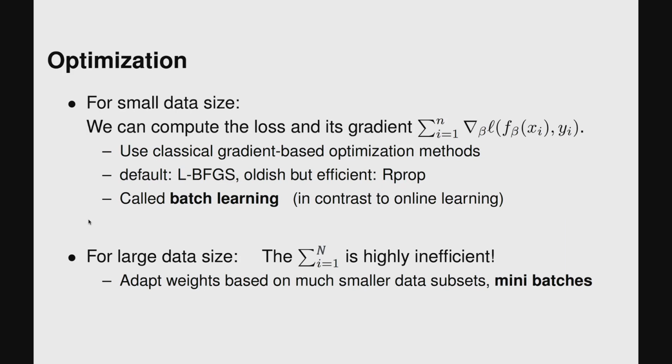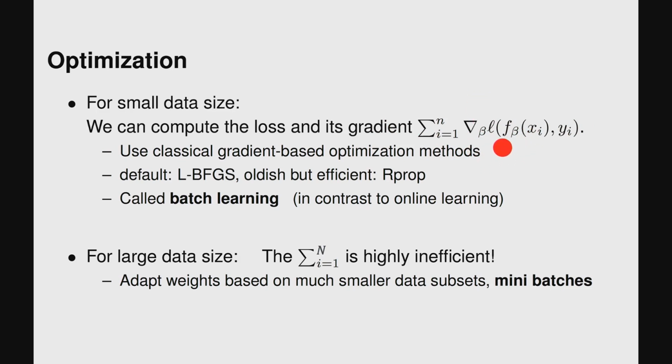Okay, now how do we optimize our weights when we have small data set sizes? Just a few thousand data points. We compute the loss and the gradient. Here we have the gradient of that loss, varying the parameters beta.